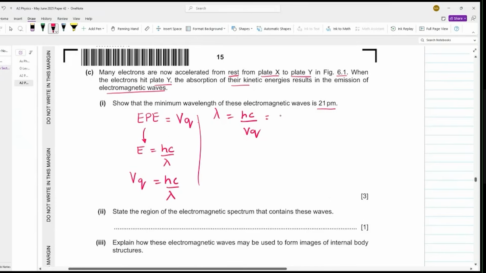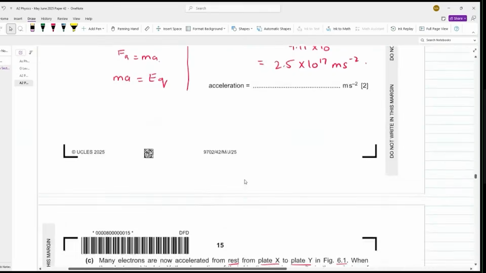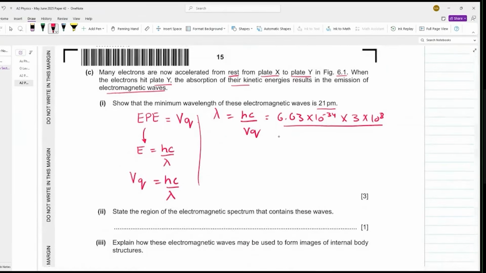What is h? Planck's constant, 6.63 into 10 raised to the power of minus 34. What is c? Speed of light, 3 into 10 raised to the power of 8. What is the potential difference? Were we provided with the potential difference in the question? Yes, 58 kilovolts, 58 into 10 raised to the power of 3.